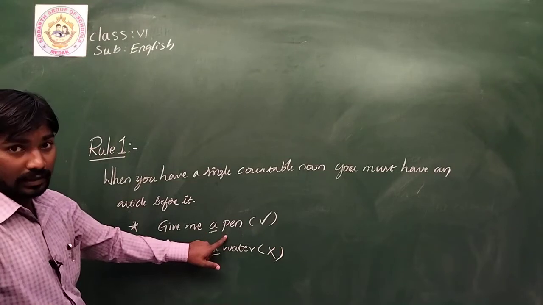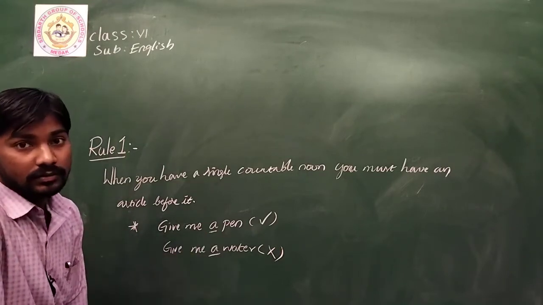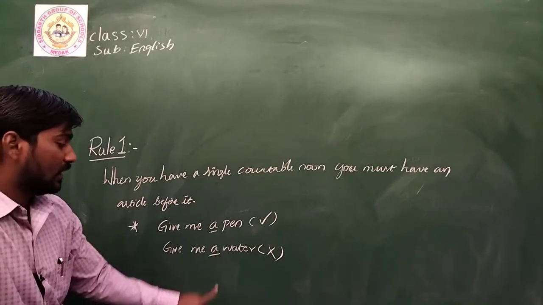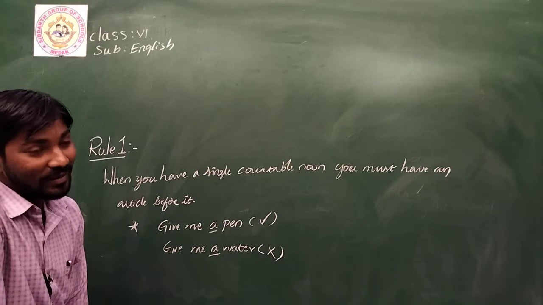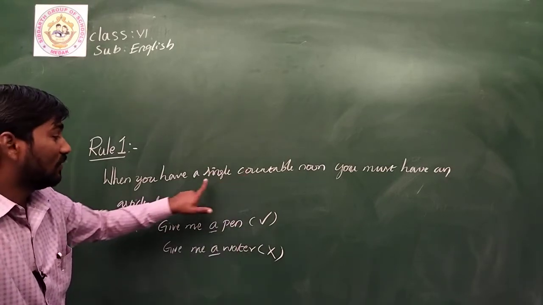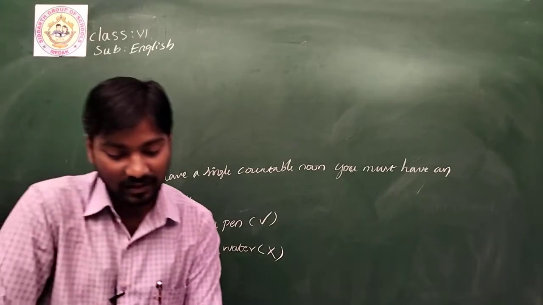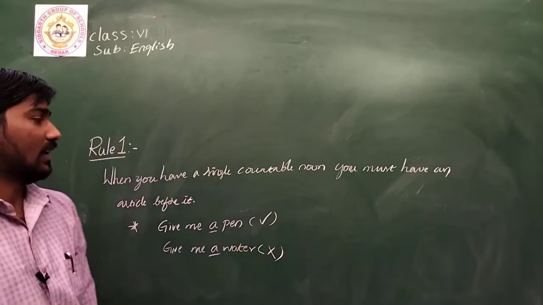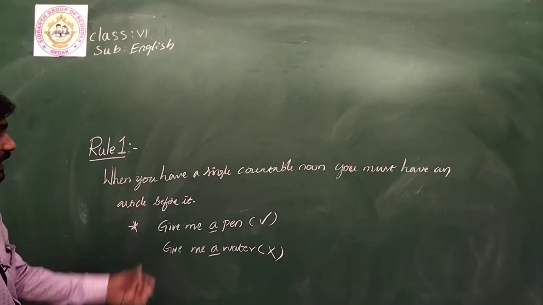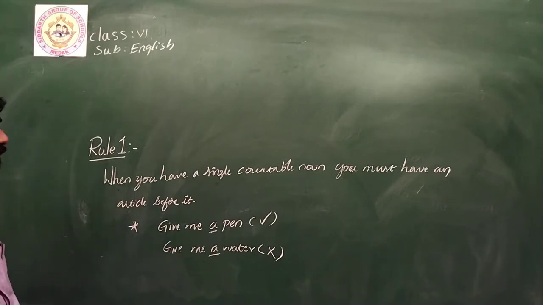You can say a pen, but you can't say give me a water. A cup of water, a glass of water you can say, but you can't say a water. Why? Because it is uncountable. We will use it when you have a single countable noun. When you have a single countable noun, you must have an article before it. So copy this one. Next we will go for the second rule.